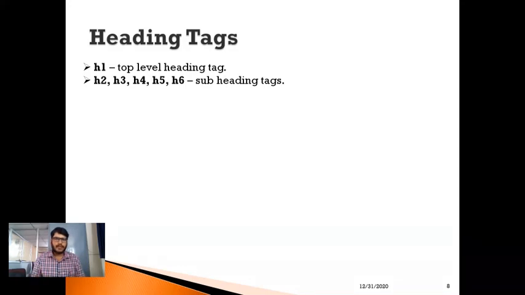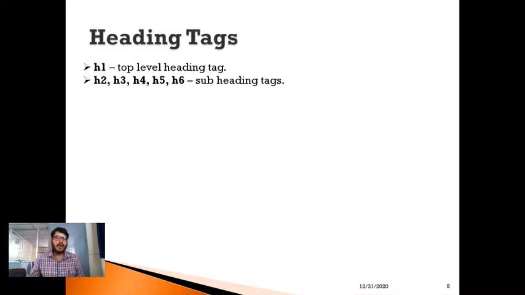They are very simple tags. Within an angle bracket, we use H1, then H2, H3, and so on up to H6. H1 is called the top level heading tag.